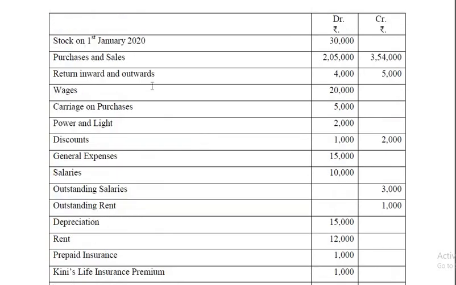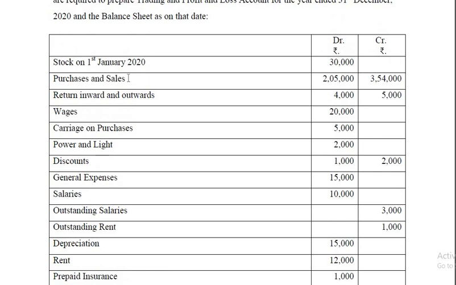Now let us look at the items of the trial balance one by one. Stock on 1st January, that is the opening stock, appears on the debit side of the trading account. Purchases and sales: purchase is a debit balance of 2,05,000. Sales is 3,54,000. Purchases will appear on the debit side of the trading account. Of course, adjustments are to be made.